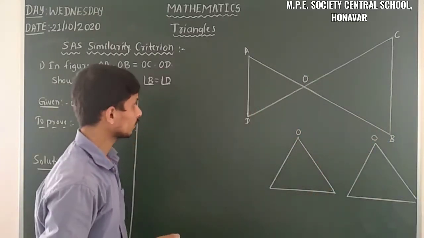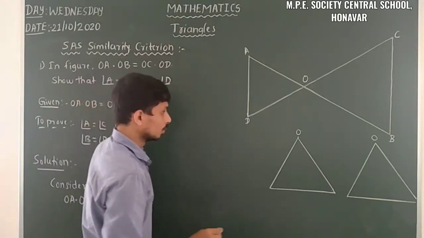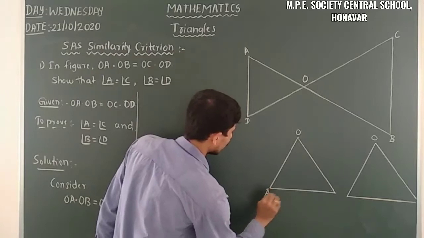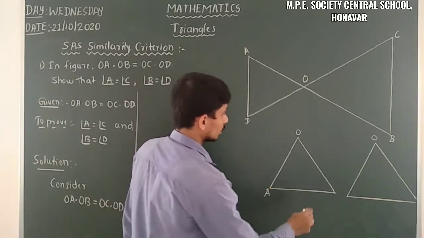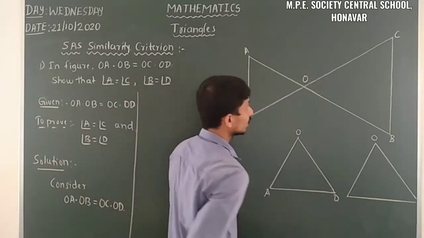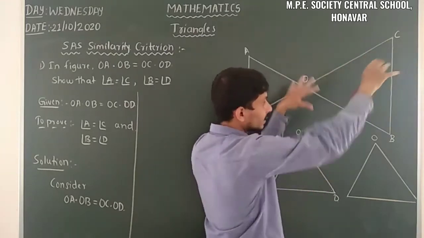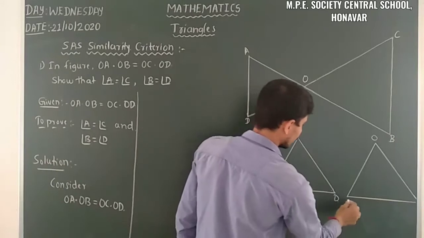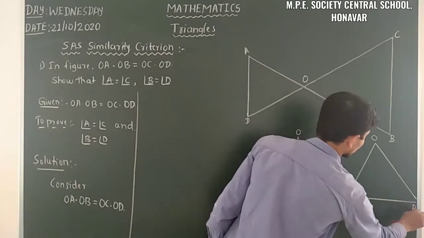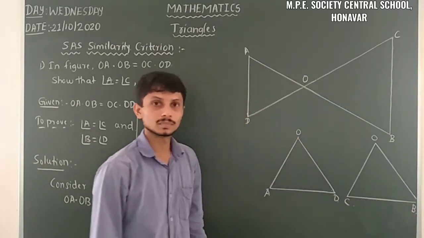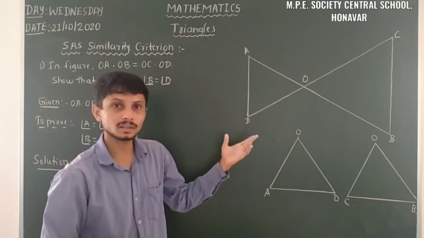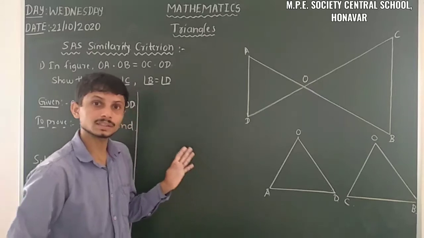Then when we consider OA, here I will consider OA and here OAD. When we rotate like this, it forms like this. So I will take C here and B here. Let us take it like this, no problem. Whatever way you can take, but according to our needs we have to take.